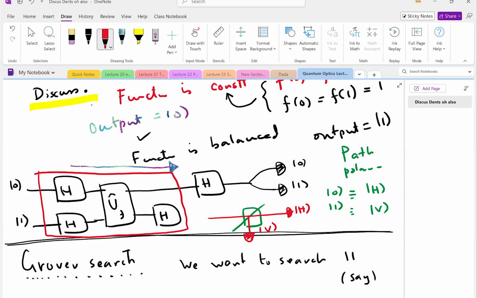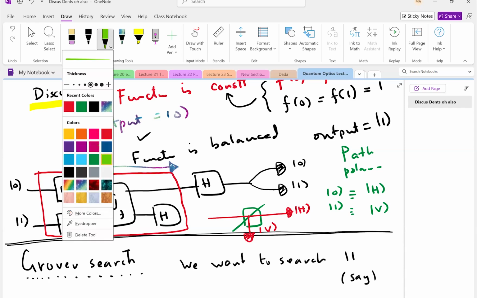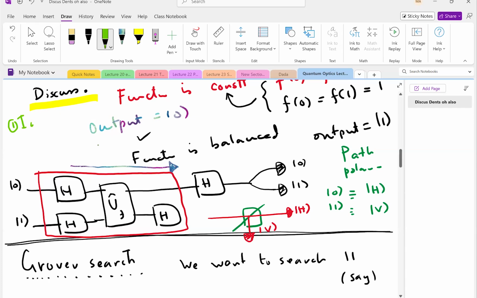And what we need to build a quantum computer is we need to initialize our qubits. We need to do some kind of unitary process.